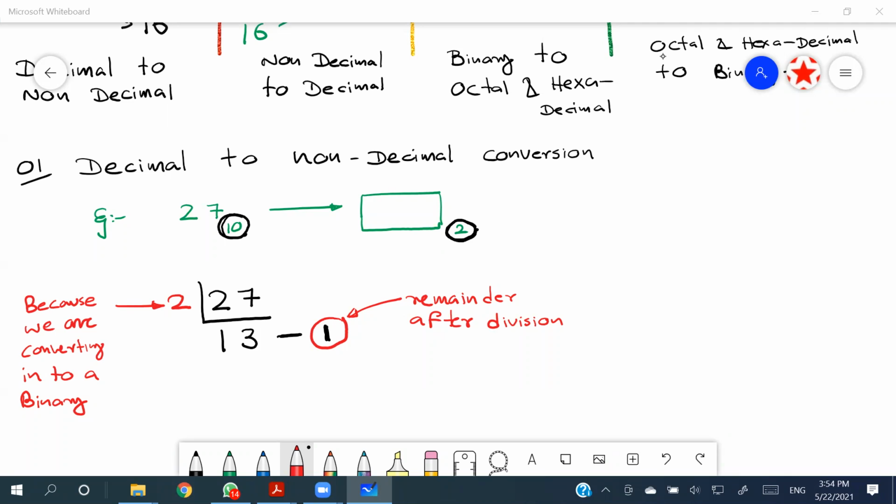Right now, in this division, the answer is 13 and 1 is remaining. So you have to divide by the same value, that means 2, until you receive a value less than 2.